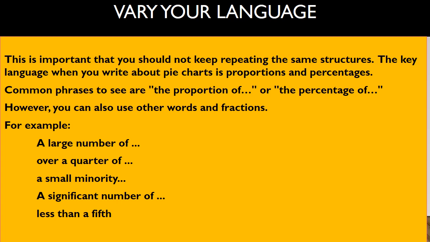However, you can also use other words and fractions. For example, a large number of, over a quarter of, a small minority, a significant number of, less than a fifth. So these phrases would be helpful in describing pie charts.